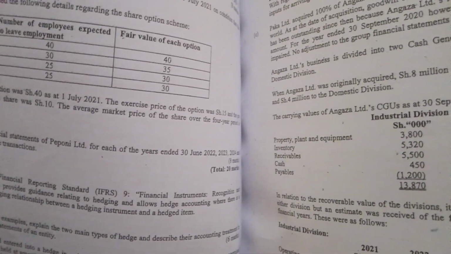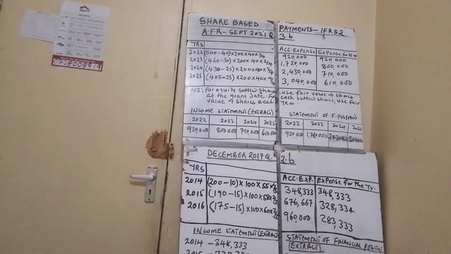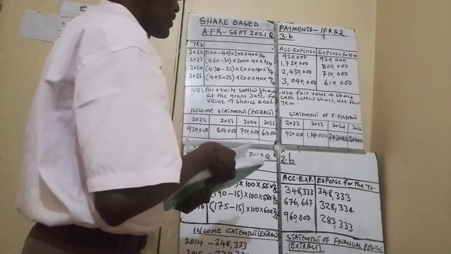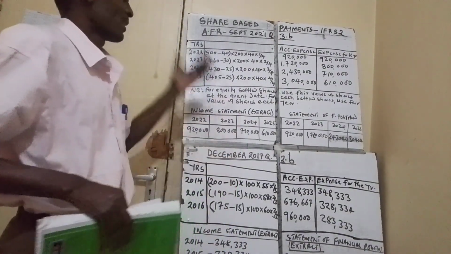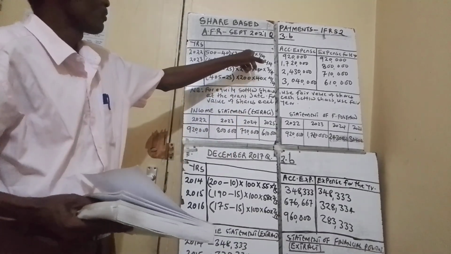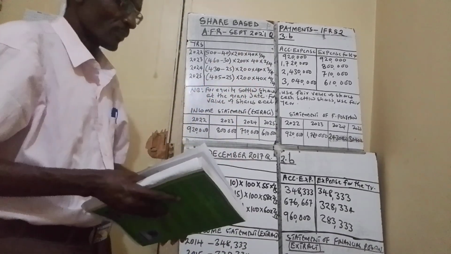The difference between equity settled and cash settled is that if you are using equity settled, we use the prevailing price as at the grant date. This 40 you can see here throughout.